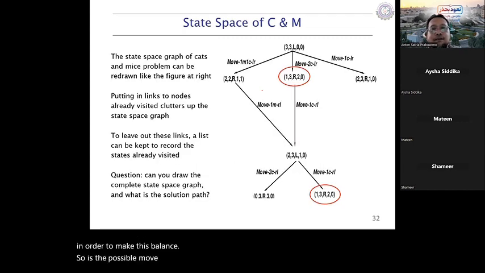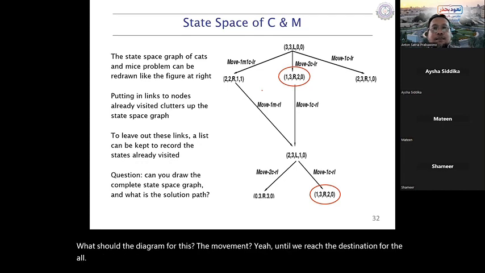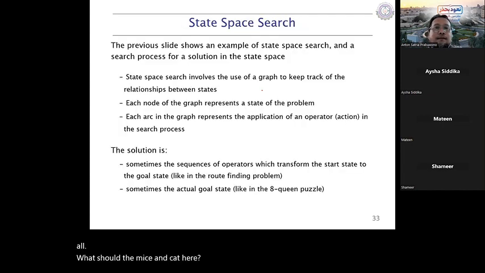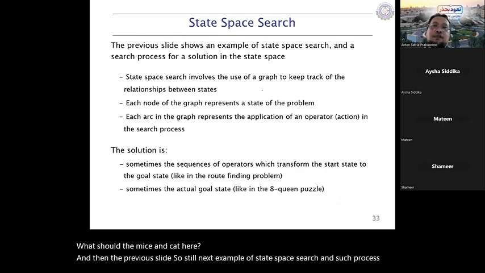We create the diagram for the movement until we reach the destination, with all the mice and cats across. The previous slide shows an example of state space search and the process of searching for a solution in the state space.